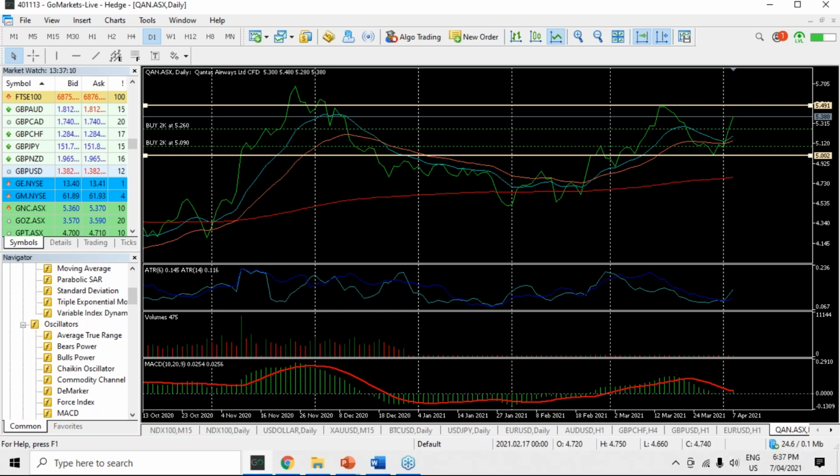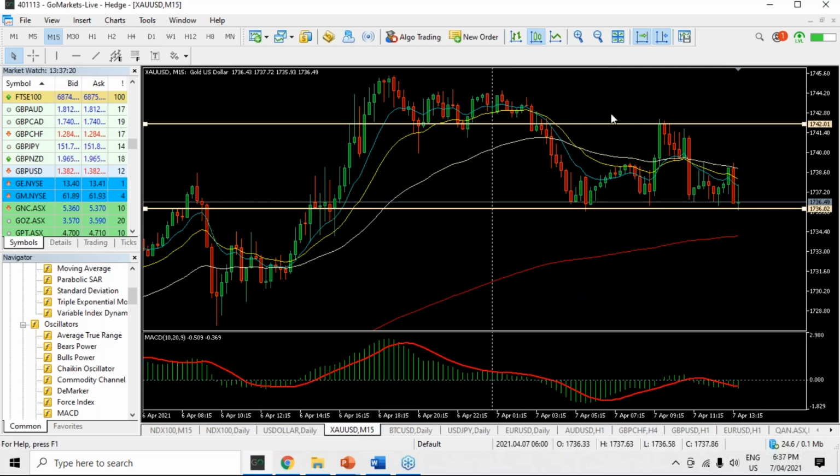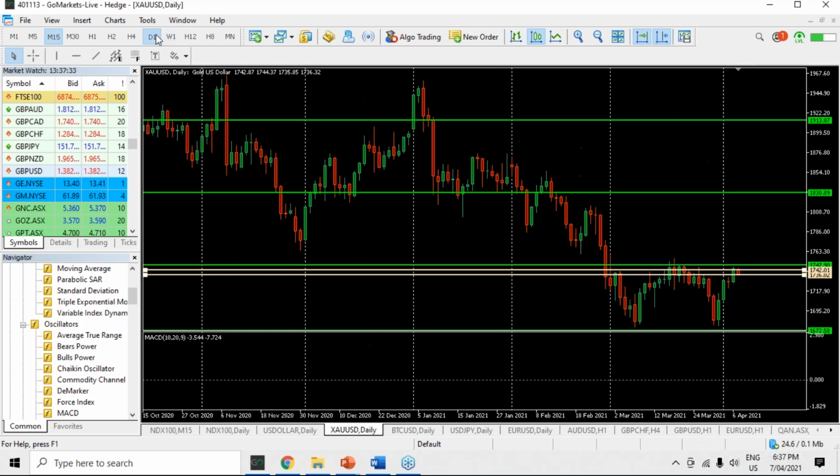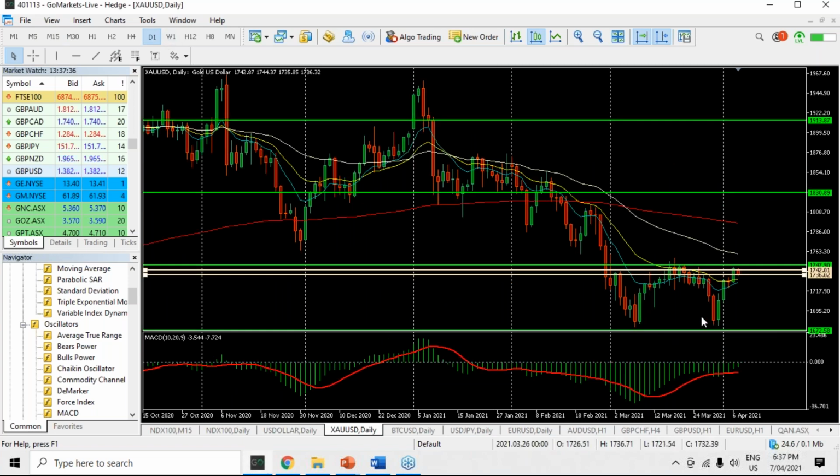It was GBP/JPY, I think, from memory. If we look at gold, on a 50-minute chart we've got a key level there. So the question is, is it going to bounce off there or not? If we look at a daily chart on gold, we've got a key level in place here and a key level in place there.